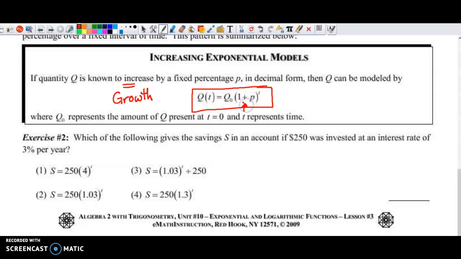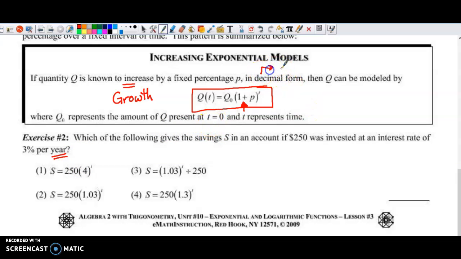There's a plus sign in there. I know some people get confused because they see Q here and a Q here. It's just saying, hey, here's your starting amount. That's what Q subscript 0 is when t equals 0. And t represents time. A lot of times we want to talk about years for time. Other times we want to talk about weeks, days, hours. So every problem is a little bit different.